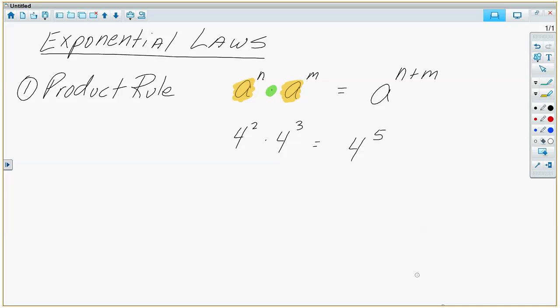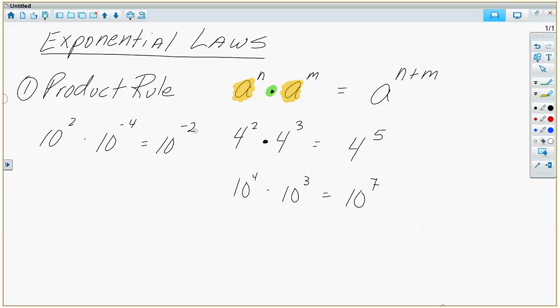So anytime we're multiplying terms and the bases are the same, 10 to the fourth times 10 to the third is equal to what? 10 to the seventh. How about 10 to the second times 10 to the negative 4? 10 to the what?